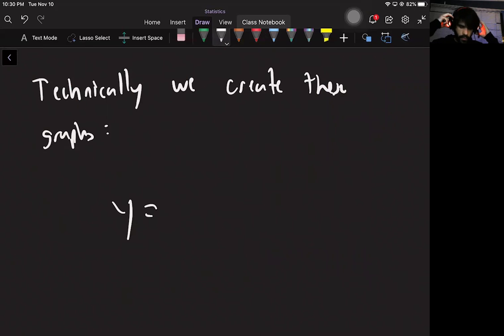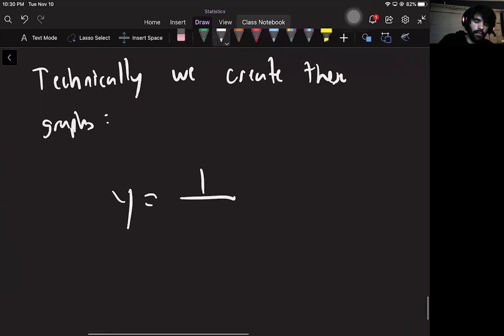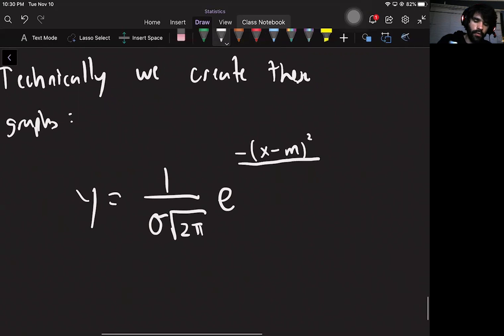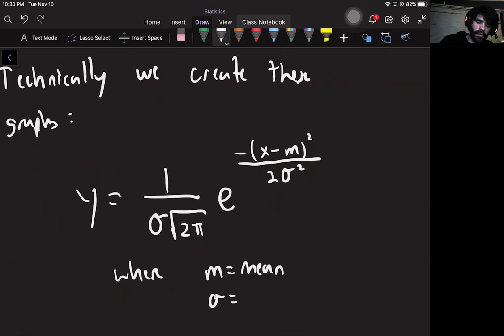It's the graph of this function: 1 over sigma, which means the standard deviation, times the square root of 2 pi, times e, that fancy letter you may have learned about a long time ago, to the negative (x minus m, where m is your mean) squared over 2 times your standard deviation squared. So it's pretty terrible. Don't worry about this, but I just thought it would be cool to show you.